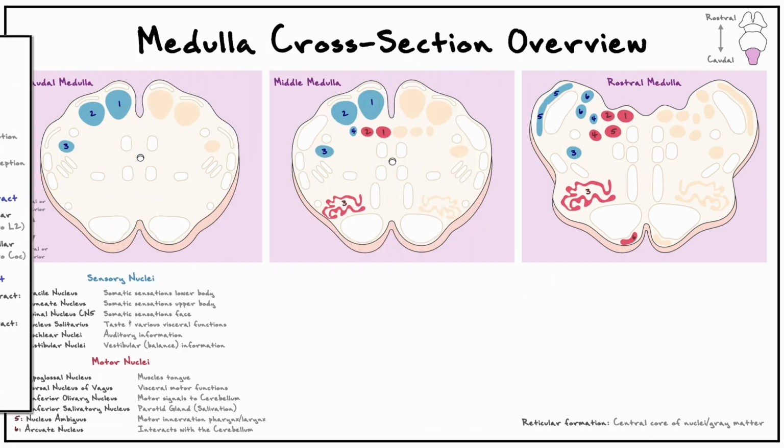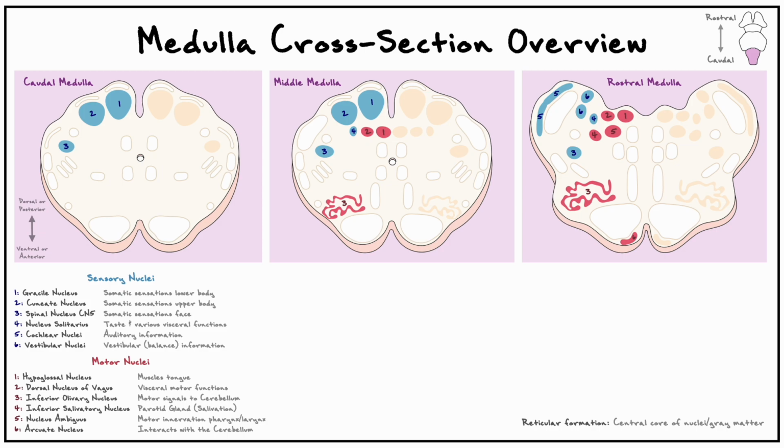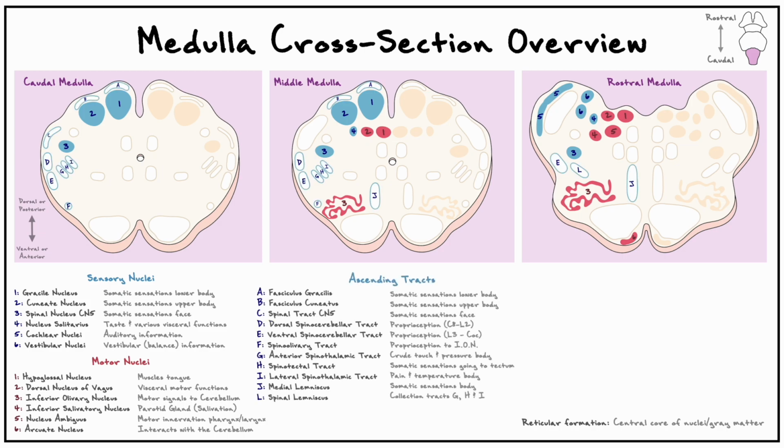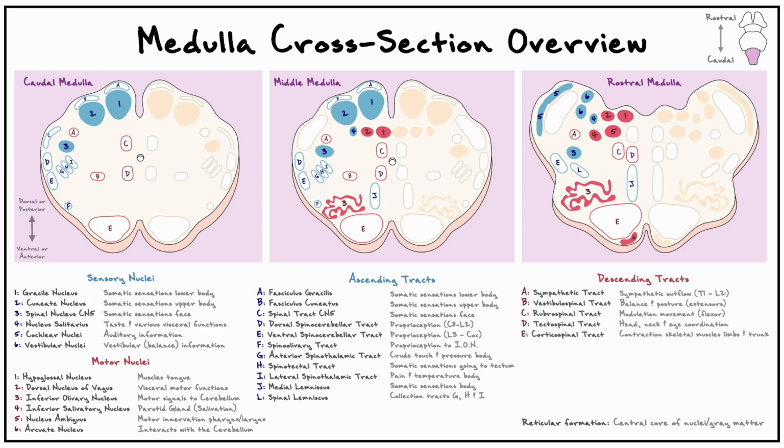As a result, when we consider the medulla, we will come across a lot of these ascending and descending tracts that carry information to their respective targets. In addition to them, the medulla also includes mixed tracts such as the inferior cerebellar peduncle and the medial longitudinal fasciculus that carry information in both directions.